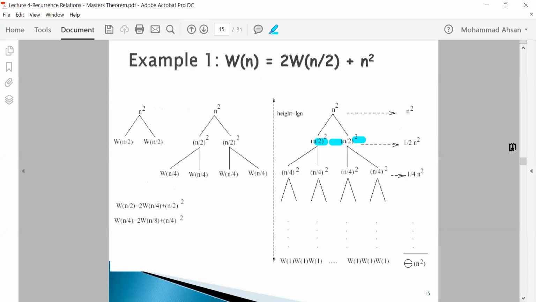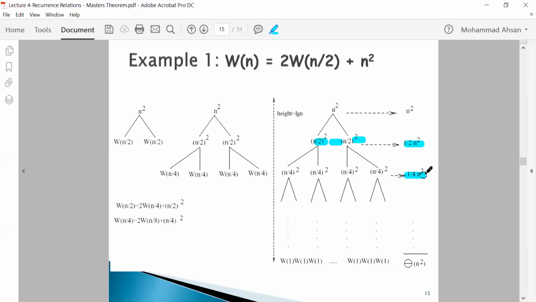When you add n square by 4 and n square by 4, that is twice n square by 4, which is n square by 2. Similarly, when you do 4 times n by 4 whole square, it is 1 by 4 n square.